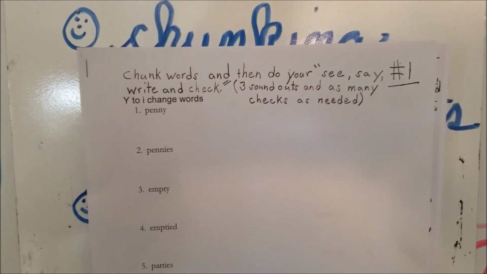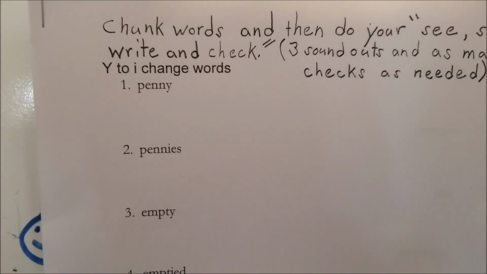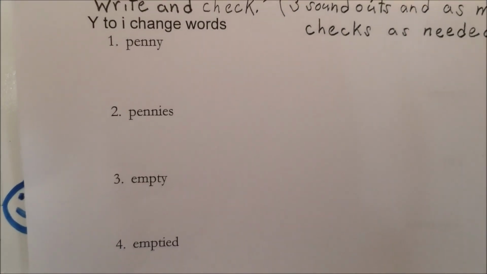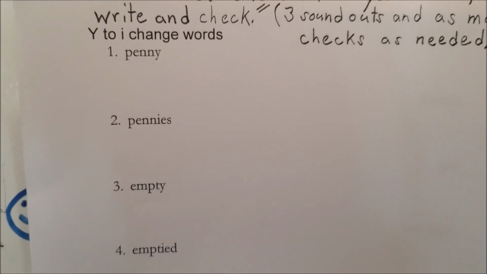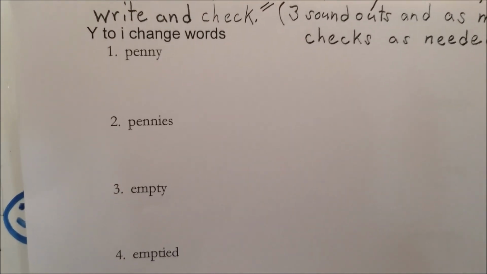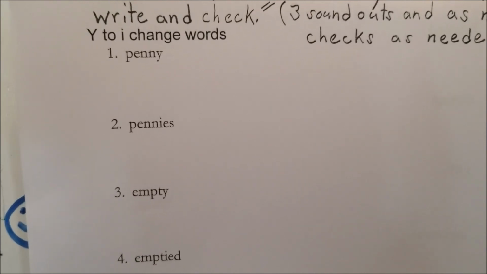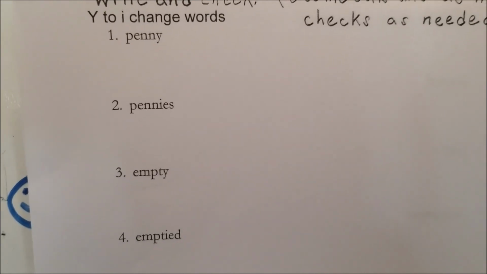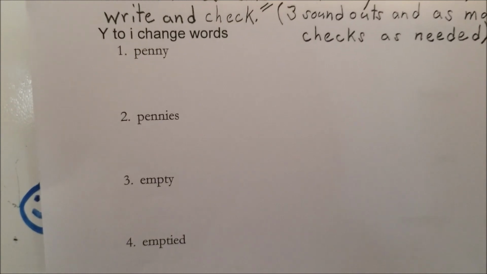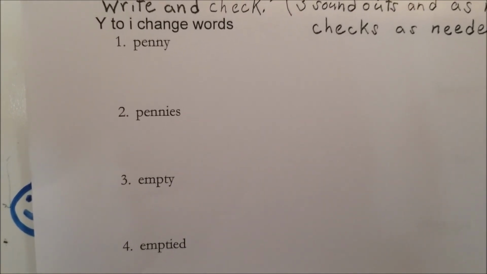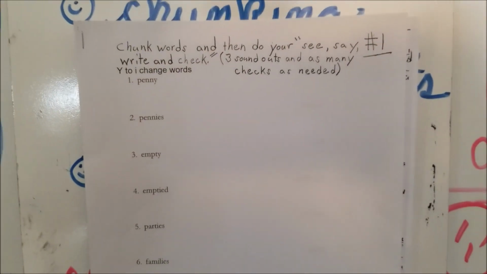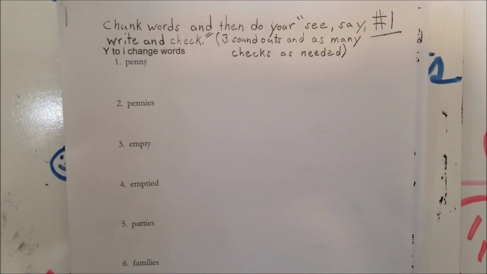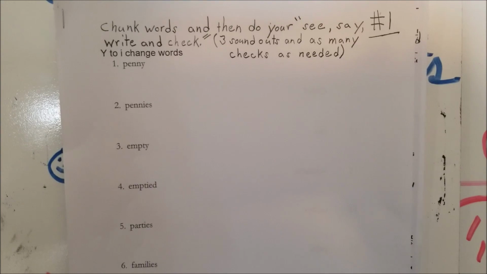So today and these next few days, you're going to be working on changing the Y to I when a word ends in a consonant and a Y when you're adding ES or ED. Now, we've spoken about this several times. We've talked a lot about it. So this is going to be mostly a practice experience for you. So you should have no problem with that. Of course, have mom and dad give me an email or phone call if you need help on this.